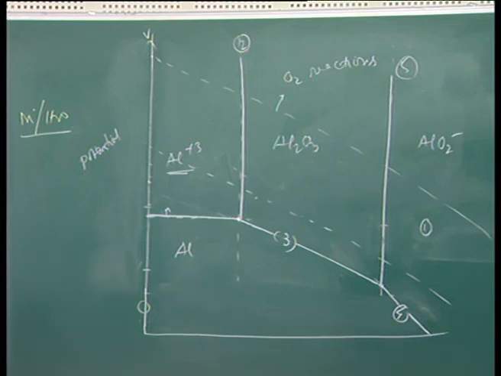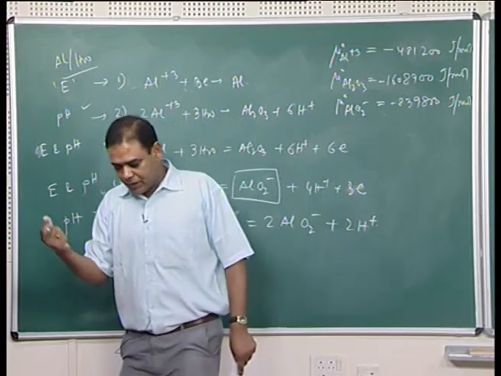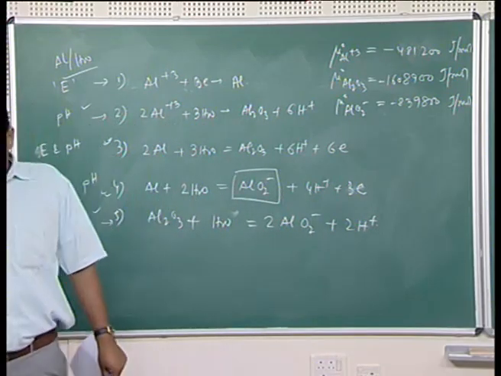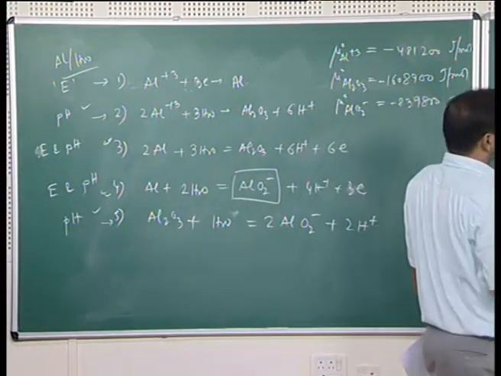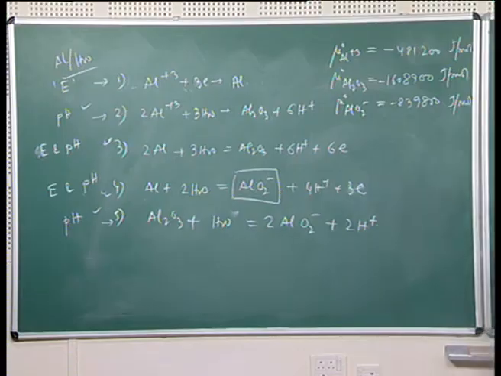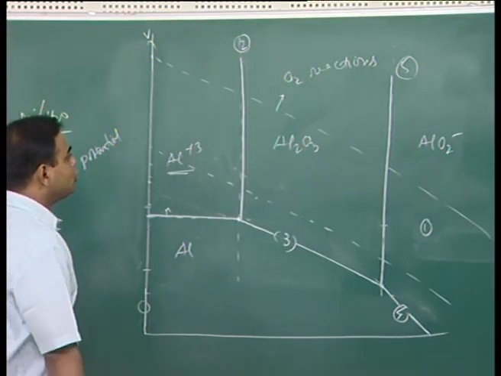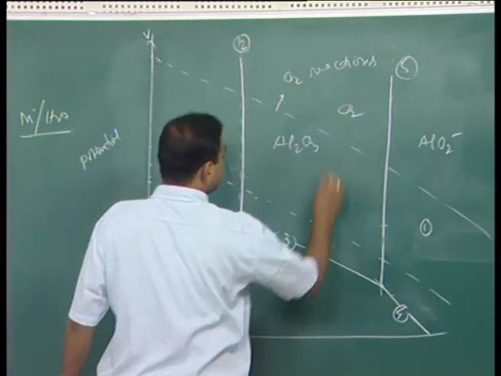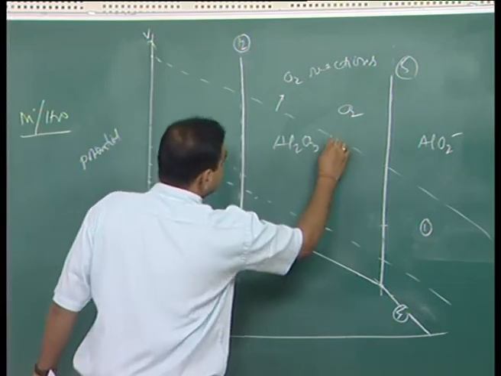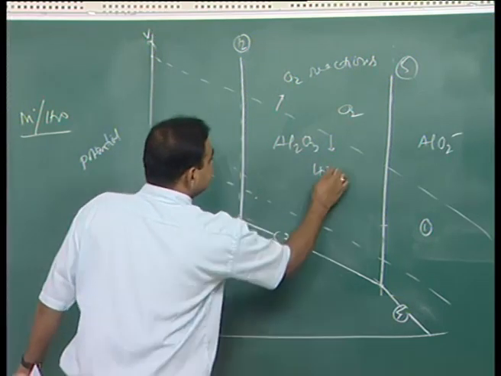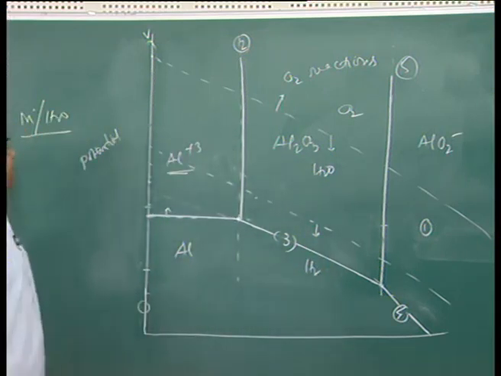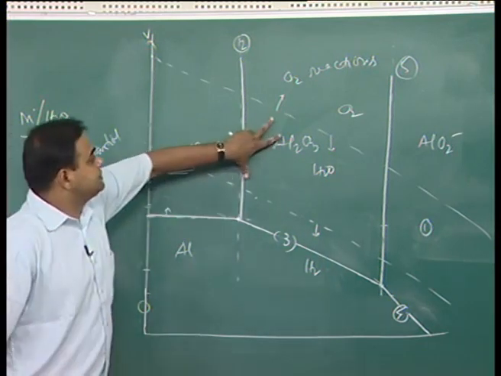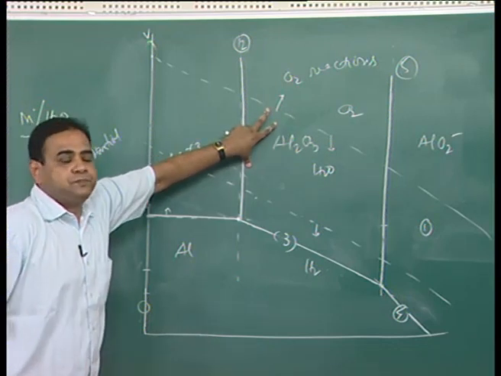The other reaction is O2 plus H2O plus 4e going to 4OH minus, that is happening in neutral or basic medium. So, beyond this line it would be the O2 region, O2 stability line. Below this line it would be the H2O stability region, below this is the H2 stability region. So, again we have the stability diagram for water.